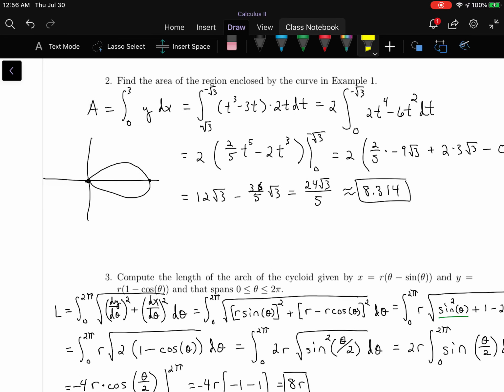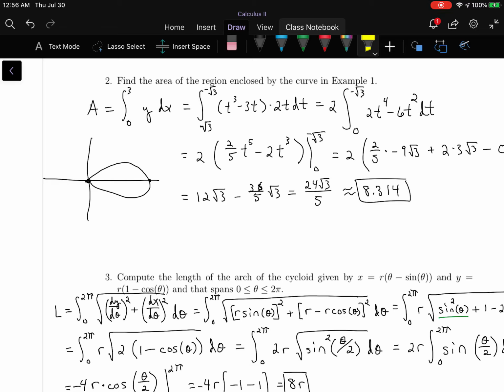Problem 2 investigates the area of the region enclosed by the parametric equations in example 1 that we just went through. I did a quick sketch of what that region looks like. It's kind of like the right half of an infinity symbol. It is symmetric. My picture isn't, but it should be.